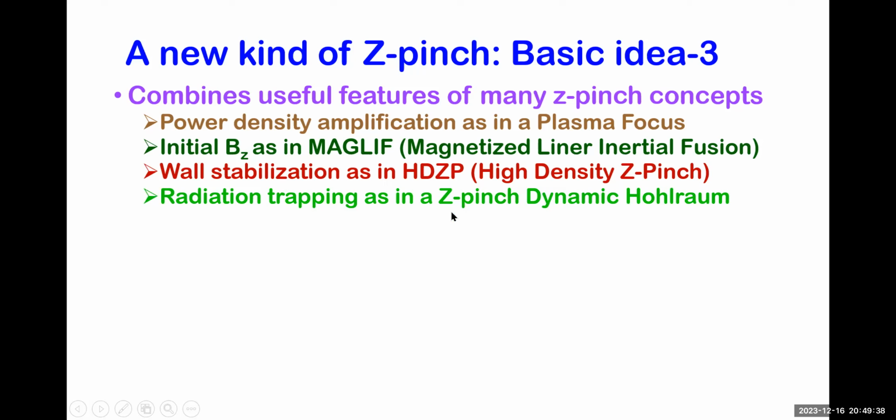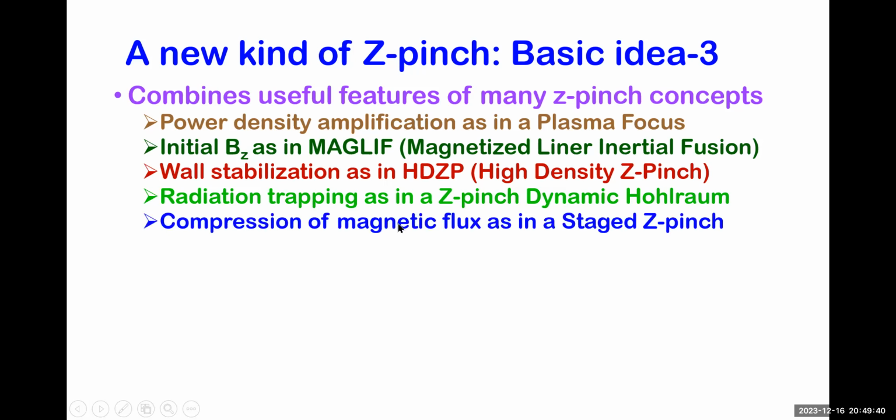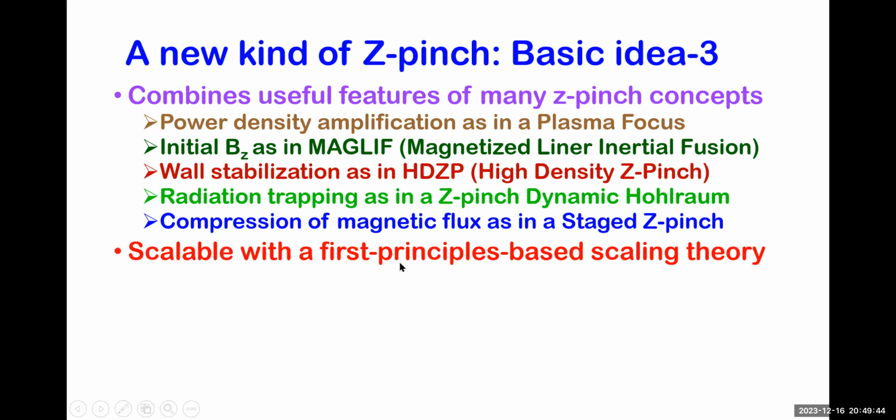Radiation trapping as in a Z-pinch dynamic hohlraum. Compression of magnetic flux as in a staged Z-pinch. So all of these things have been discussed in literature. There are examples, but some features of these are present in a new manner in this idea.